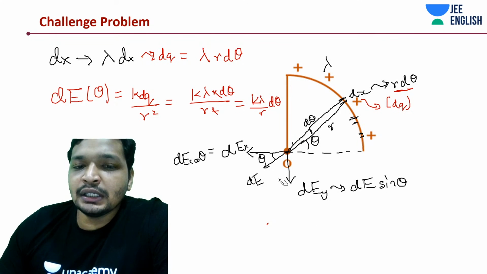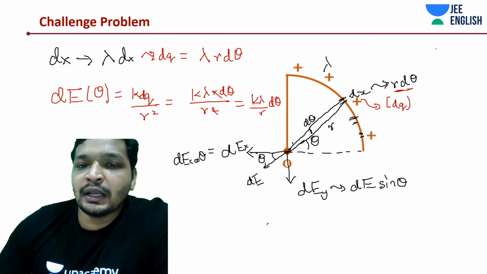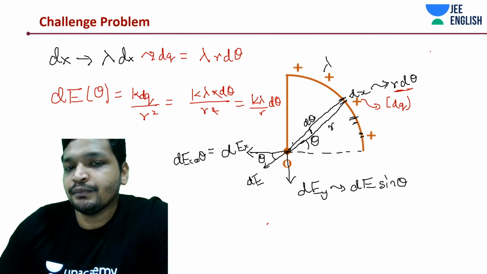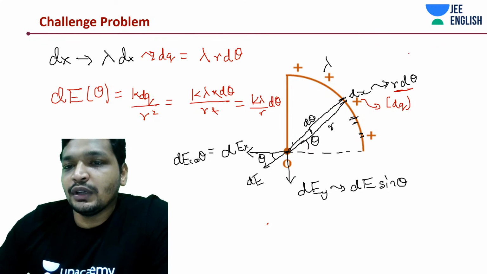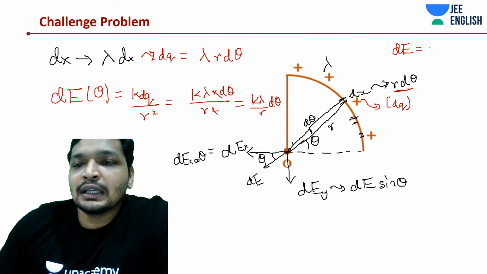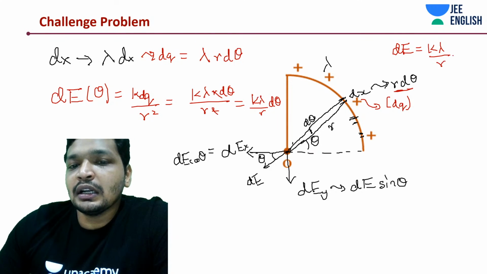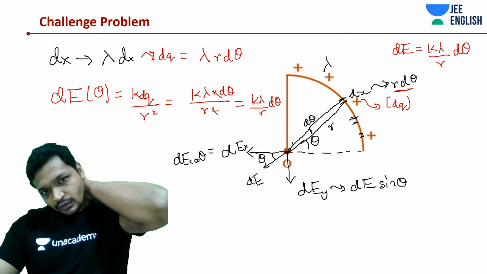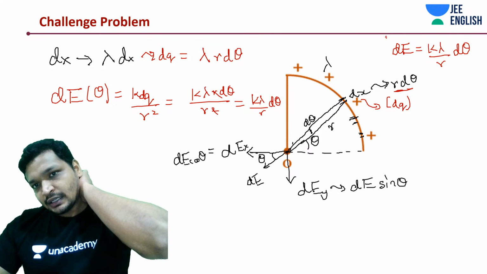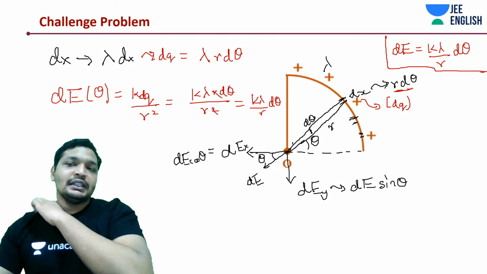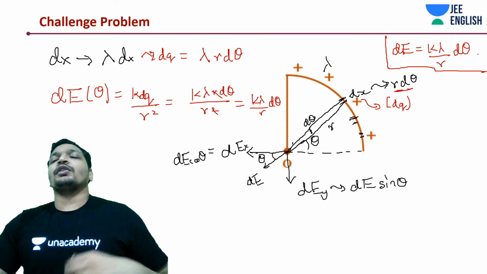If it's a uniform charge distribution, irrespective of anything, because dx is r d theta, you'll always arrive at dE equal to k lambda by r into d theta. This is something that you standardly arrive at, just like what we derived in the last class, k lambda by a into something with d theta. Maybe something you want to remember.